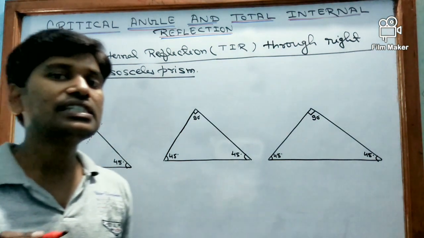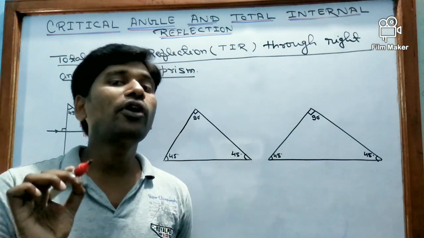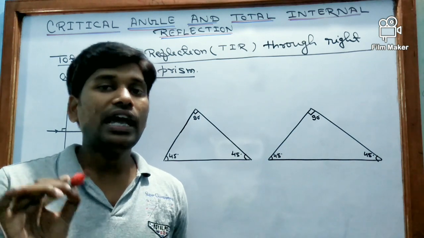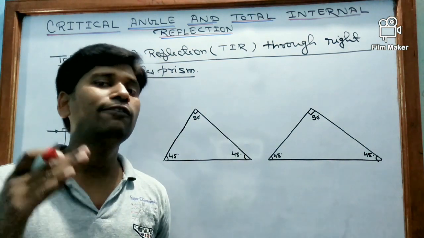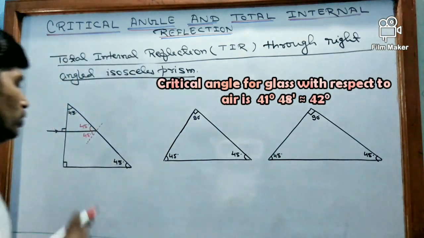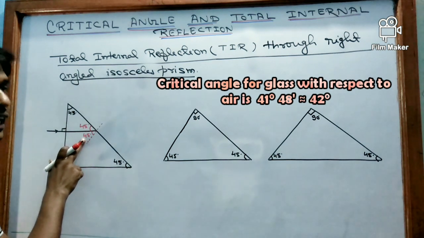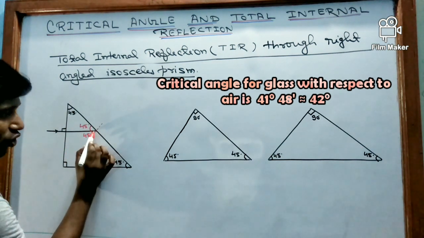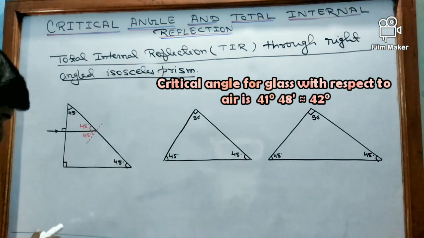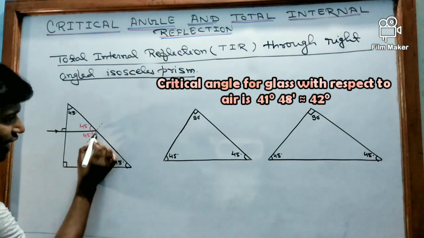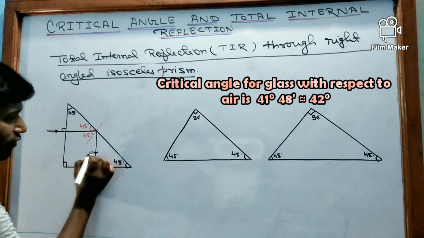For glass, the critical angle is 41.8 degree. As it is 45 degree, approximately we can take the critical angle for glass as 42 degree. So as it is more than the critical angle, the ray will not refract, it will reflect back in this medium by an angle of 45 degree.